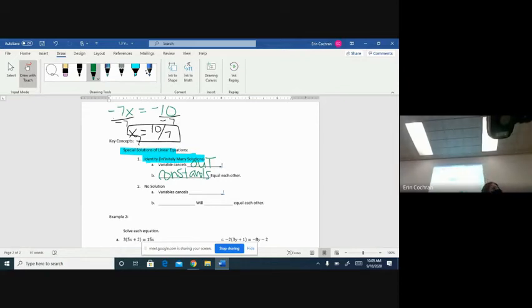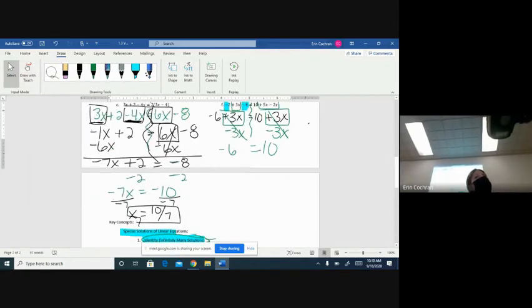Just the number without the variable, right? So if 2 equals 2, that means that's a true statement, right? So we would say that has infinitely many solutions. So if I come up here, did -6 equal 10? No. So we wouldn't have infinitely many solutions.